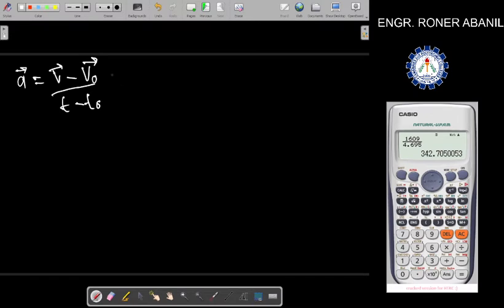Okay? So, isa-isayin natin. Gawa ako ng figure. Ayan.